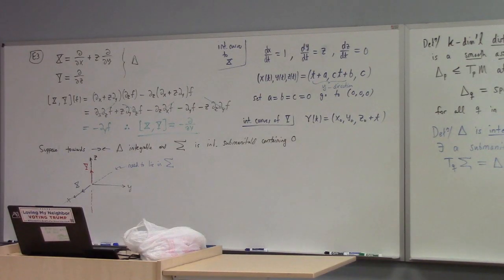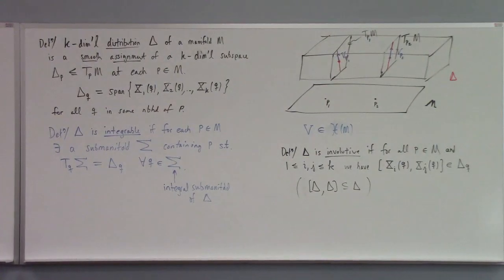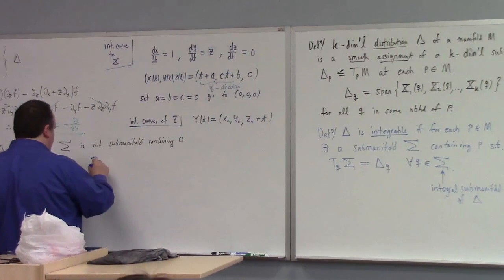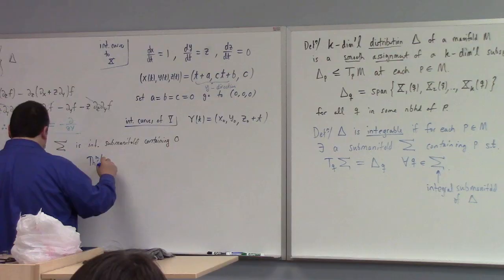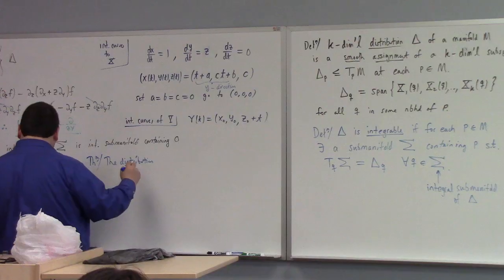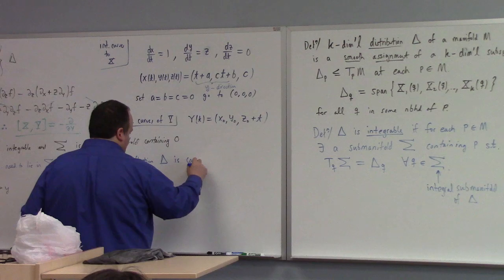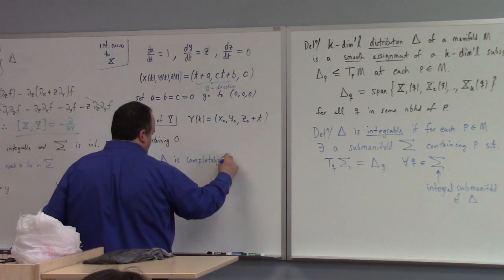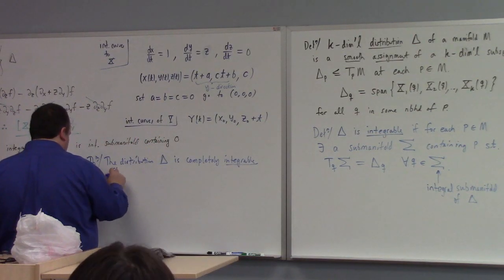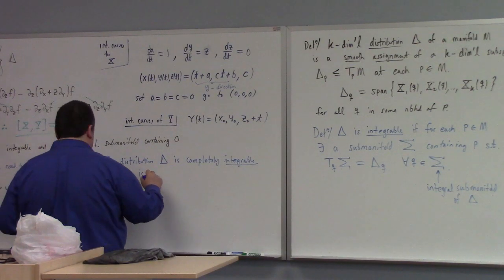So the Frobenius theorem, if I can state it eventually, what does it say? This is the theorem: the distribution triangle is completely integrable if and only if it is involutive.